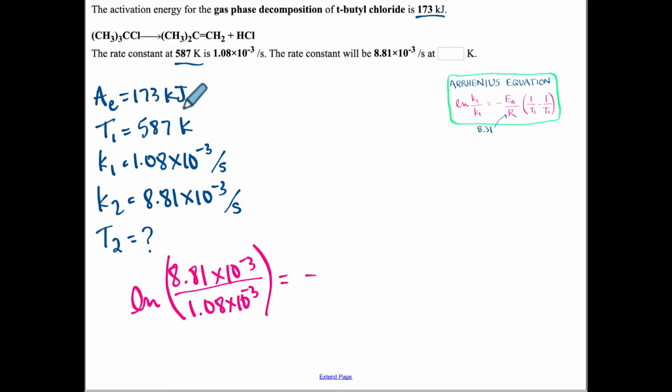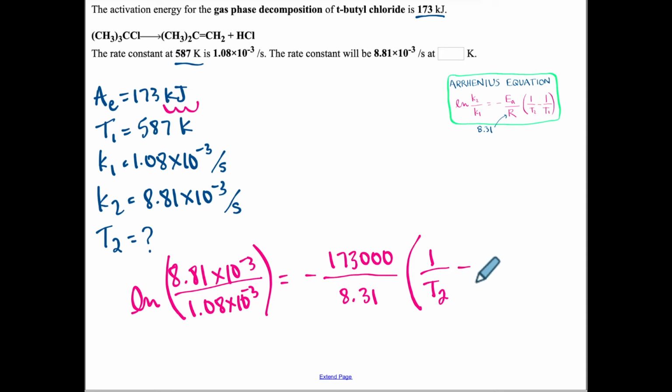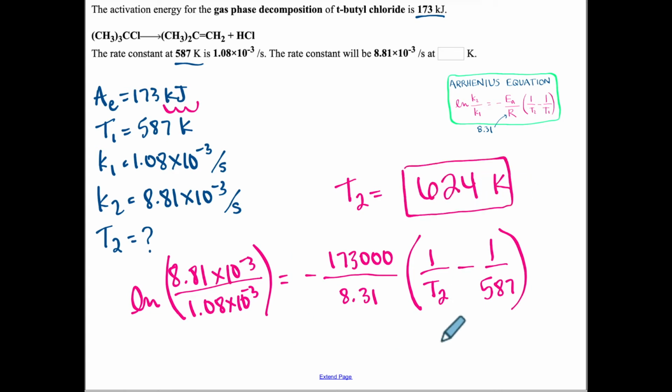Activation energy is here, but we need that activation energy to be in joules, so we move the decimal point to the right and we put in 173000 divided by R, which is 8.31, times 1 over T2, which is what we're looking for, minus 1 over T1, which is 587. And then you do the math to solve for T2, and you get an answer of 624 Kelvin.